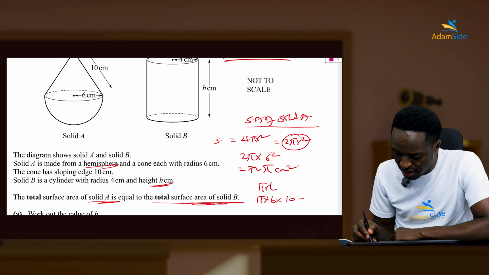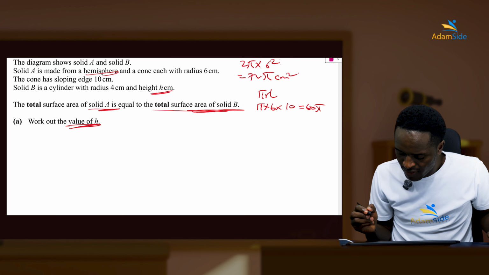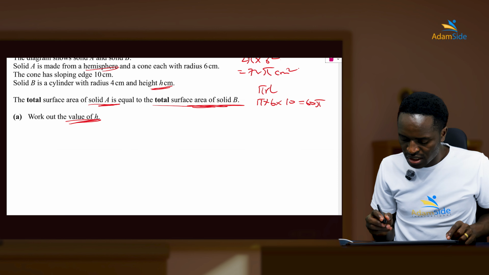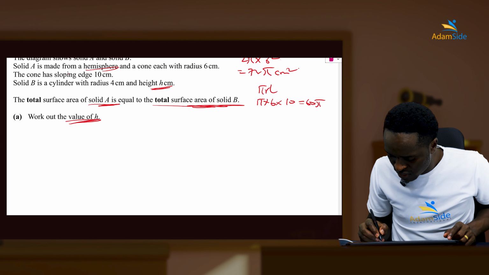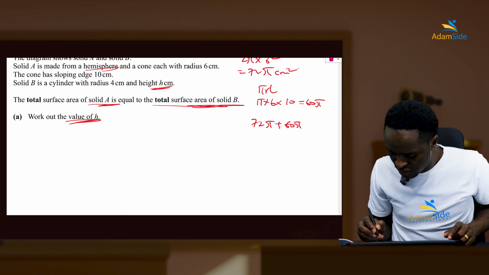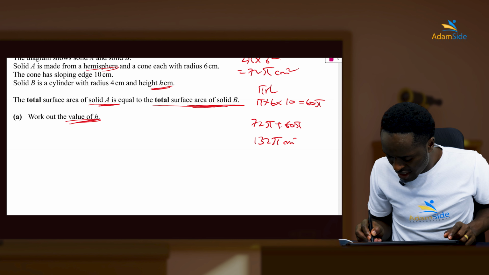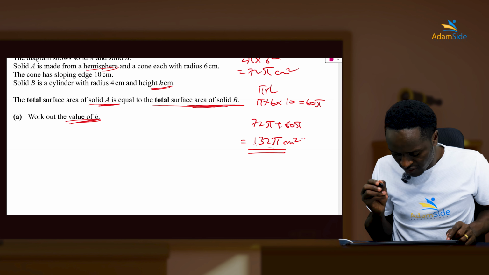So it's 60 pi. Our answer, remember, will be 72 pi plus 60 pi, which is 132 pi square centimeter for solid A.